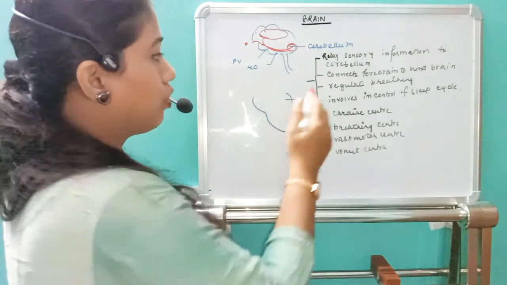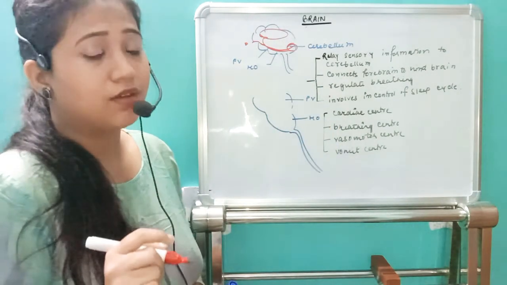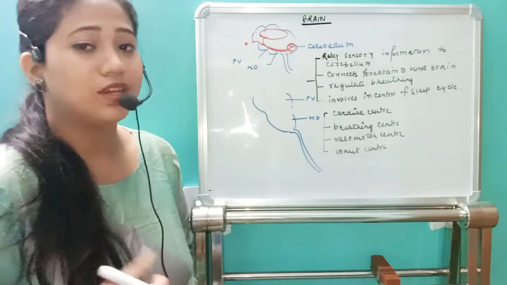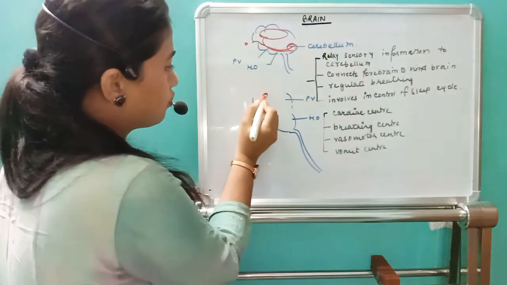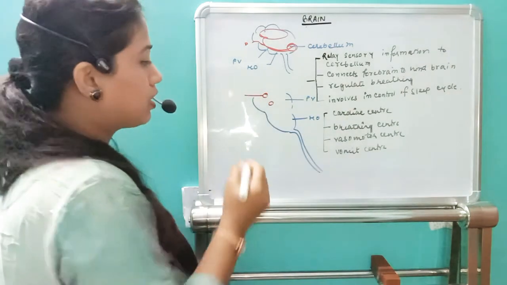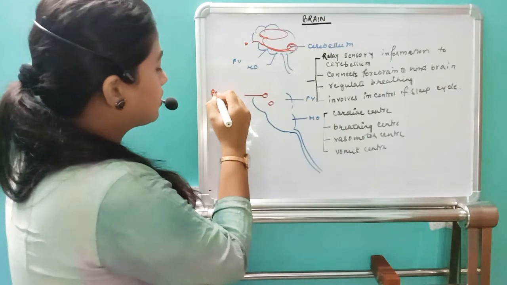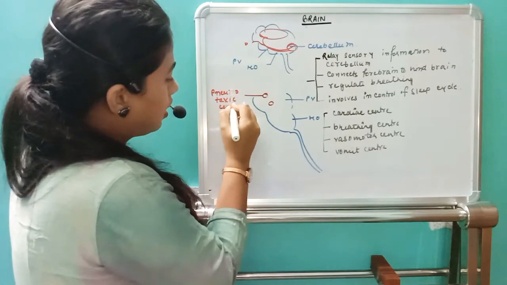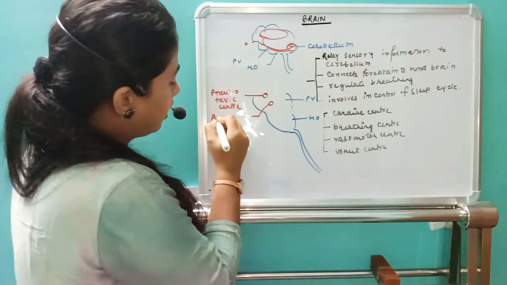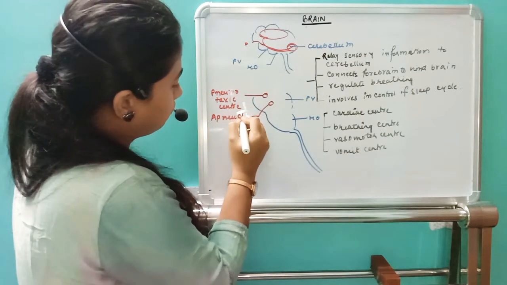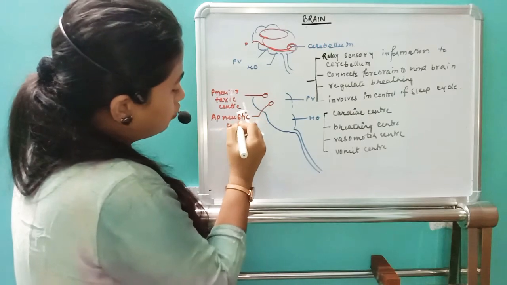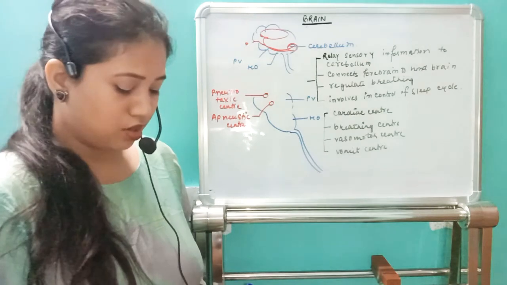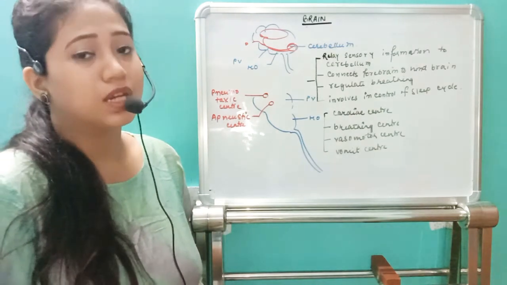Next, it is going to regulate breathing. You know the function of the pons varoli from the breathing chapter we have already studied. Here we are going to have 2 centers. One is called the pneumotaxic center, and this is called the apneustic center, where the regulation of breathing can be controlled.